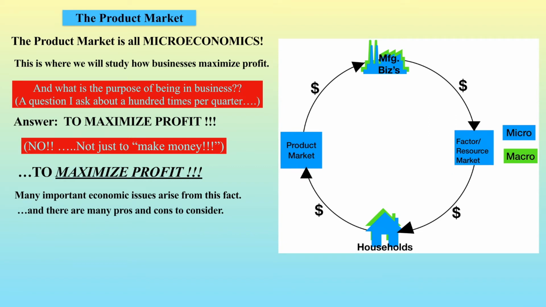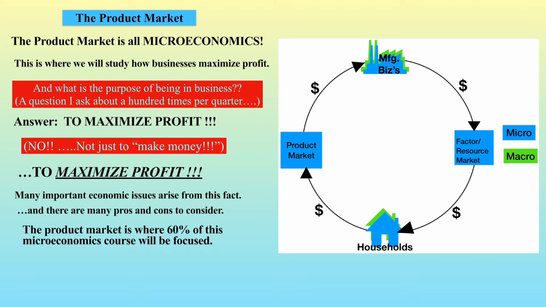The pros of the goal to maximize profit, that self-interest profit incentive, is what drives capitalism and has made us as an economy so successful. But on the other hand, the cons are we can see that businesses only focused on maximizing profit create some negative aspects, such as pollution, such as a deficiency in resources, and other social problems. And these make for interesting economic discussions.